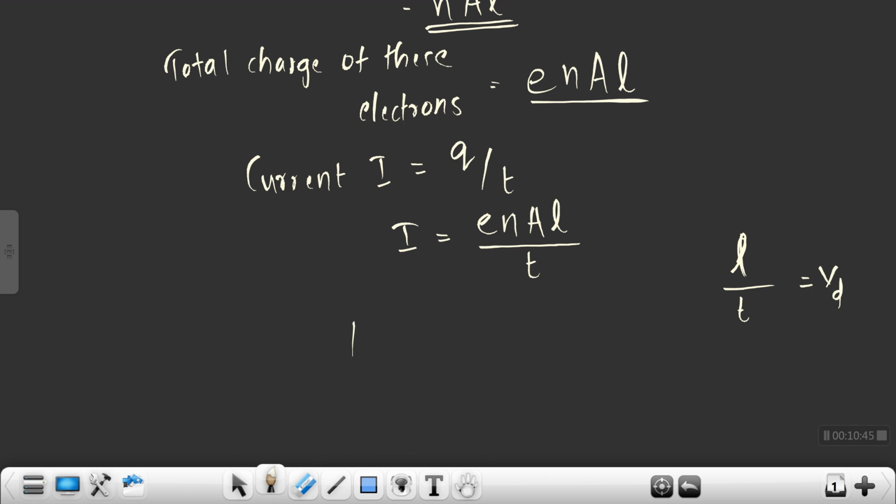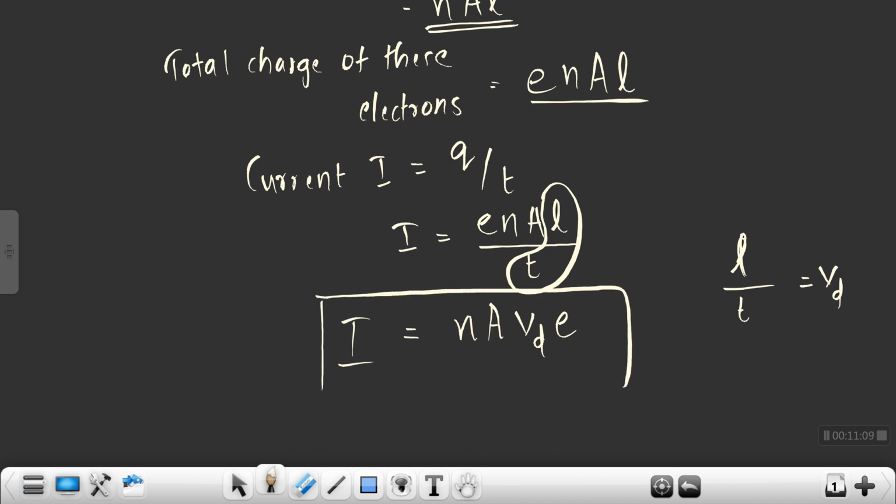So we can rewrite the equation for I: for L by t we substitute Vd. So we get I is equal to nAVd e. So we got the relationship between drift velocity and current, that is I is equal to nAVd e.